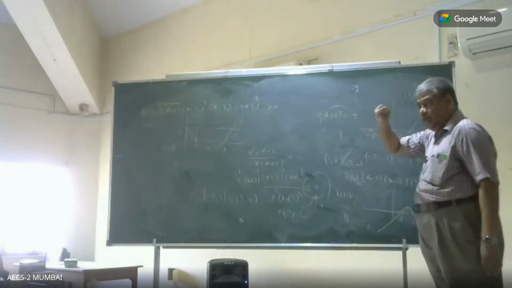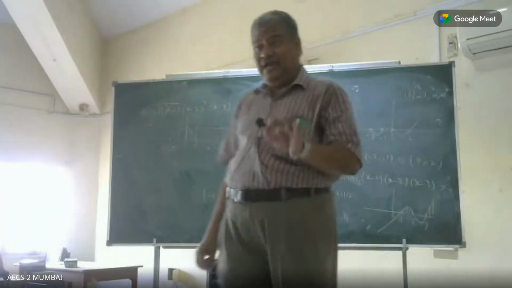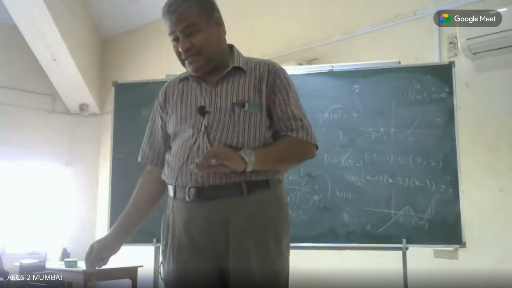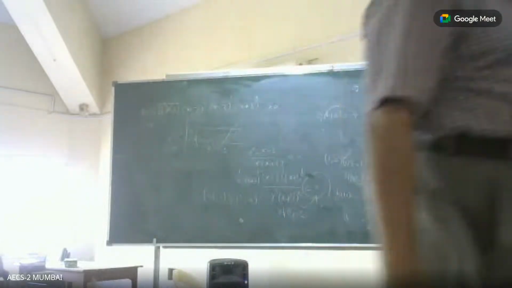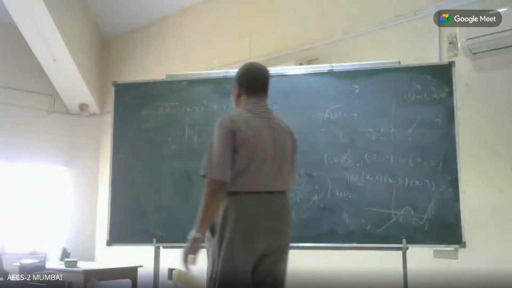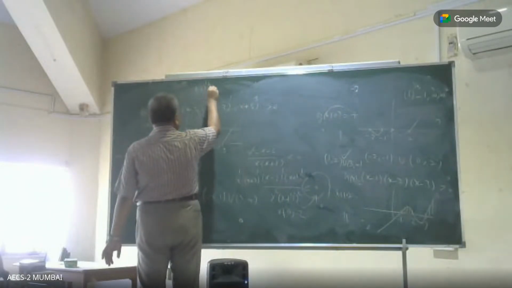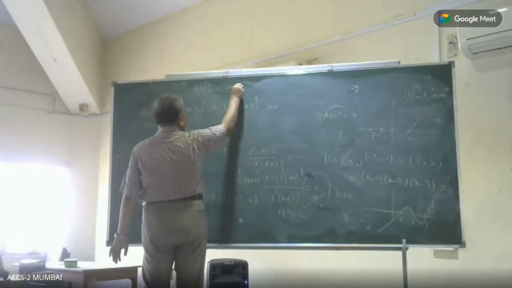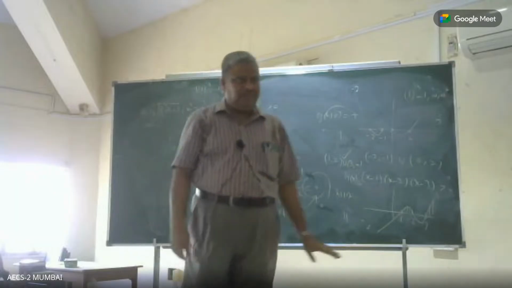Cube root has 3 branches: a real branch and 2 complex branches. Correct? No problem. Suppose this is a cube root of minus 1, to the power 1 by 3. So cube root is not a problem.